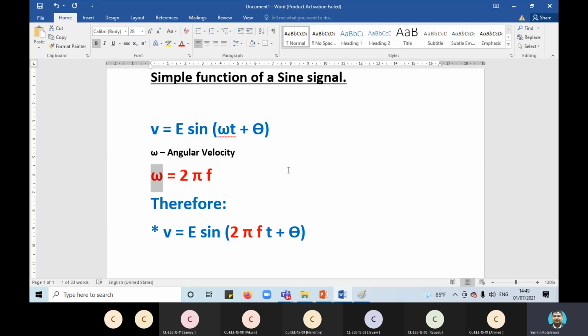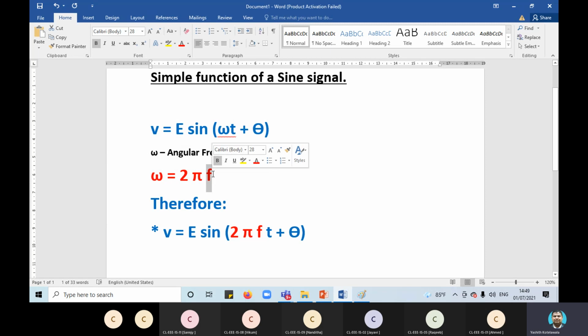So since this omega value in this representation is based on 2 pi and especially f, which is the frequency, you call this angular frequency, because this is not based on displacement.